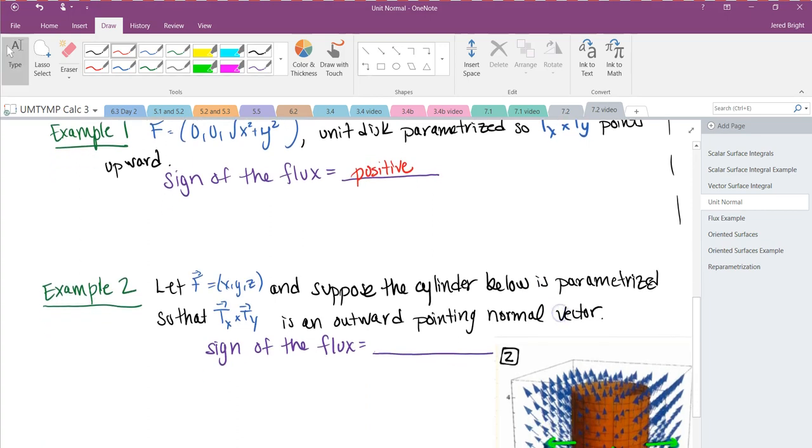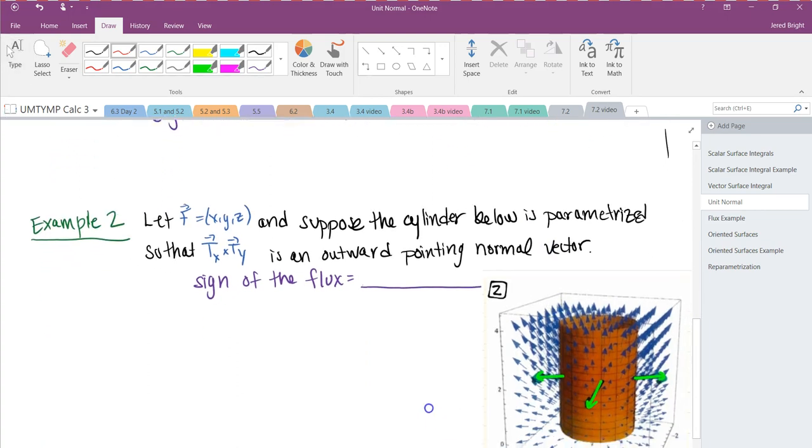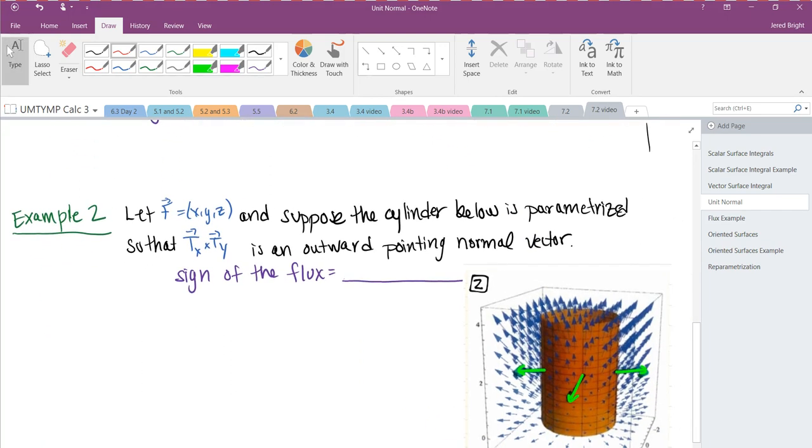With example 2, okay, we have a cylinder below, and you can see how it's graphed, and then the vector field is given as well, x, y, z, so that's expanding out. And then we know that Ts cross Tt is an outward pointing normal vector. So at different places on the surface, you can see in green, Ts cross Tt is shown.